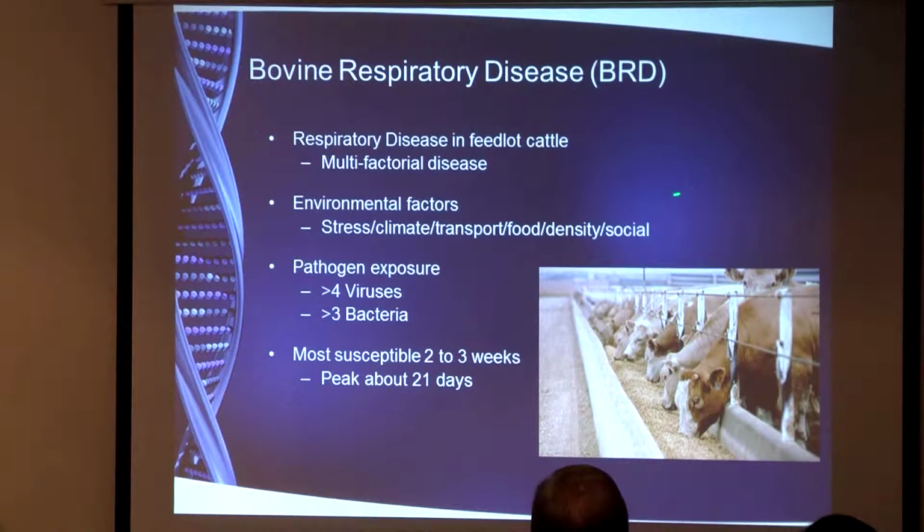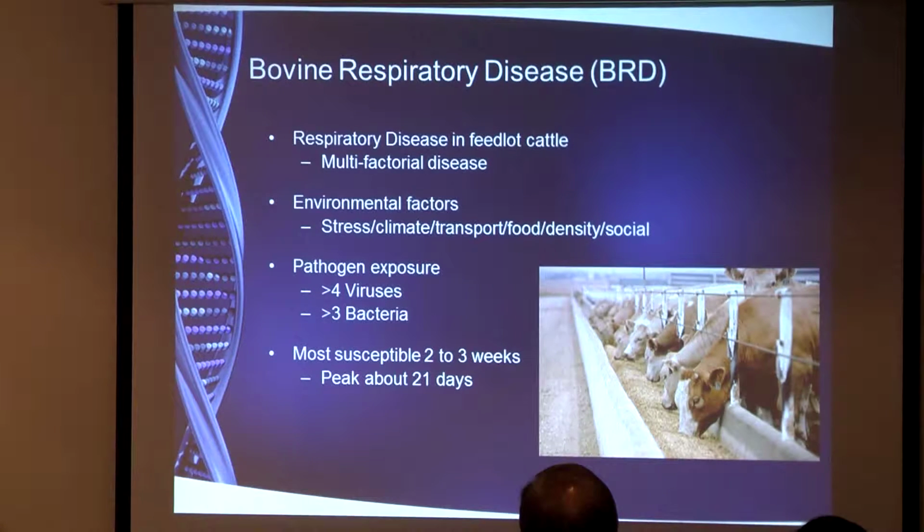Stress plays a big role in BRD. Cattle are getting moved into new environments, adapting to new diets, and they may have been transported long distances, particularly in Australia where that can be for days in some cases. Then they get exposed to a whole range of new pathogens that they might not have seen before. There are 4 main viruses which I'll talk about today, but also bacteria.